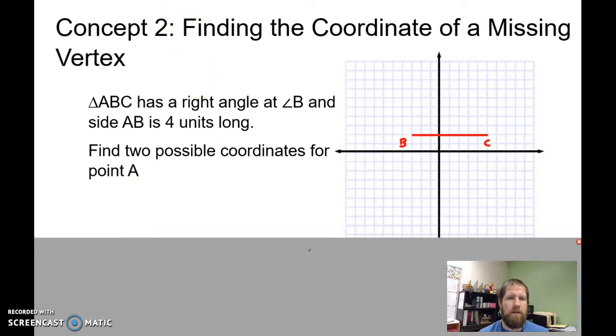So the first step you want to take is to find the extra information you're given. I'm told this is a triangle. That's pretty straightforward. It just means I'm missing 1 point.